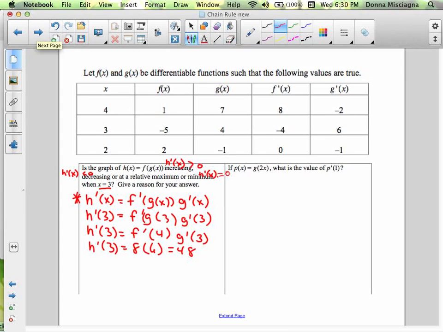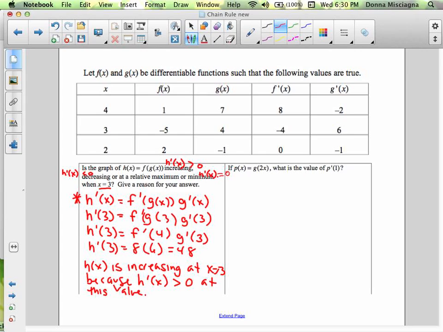So that means h of x is increasing at x equals 3 because h prime of x is greater than 0 at this value. Right, we found the derivative, and then we evaluated, and well, it's positive. So if it's positive, the function is increasing. All right, let's try the next one.